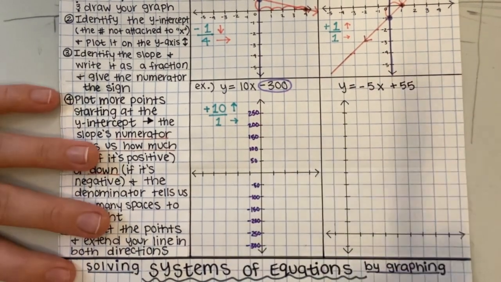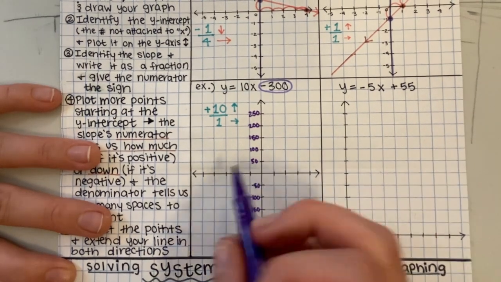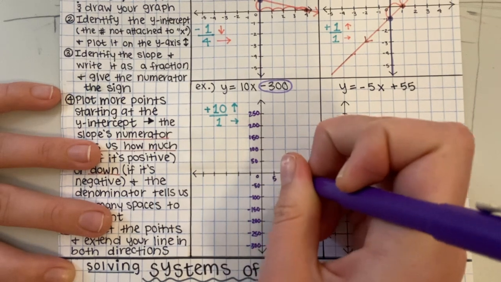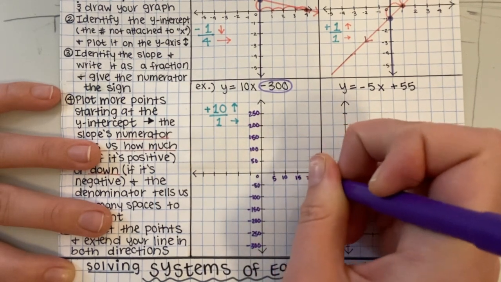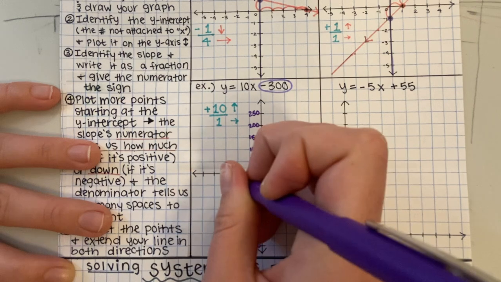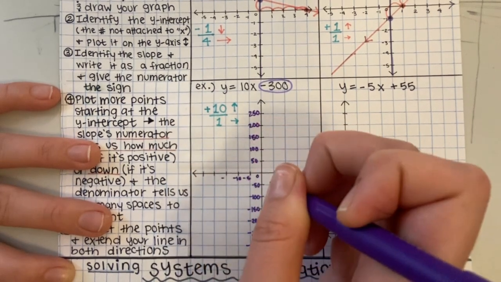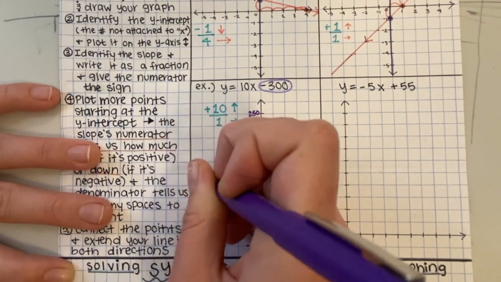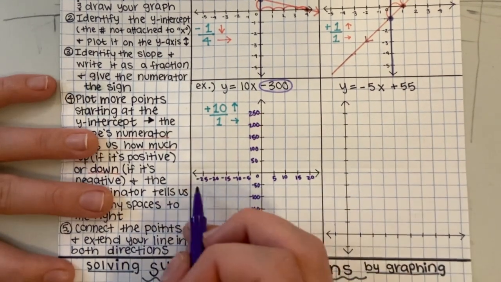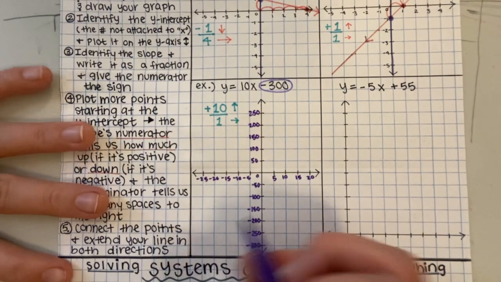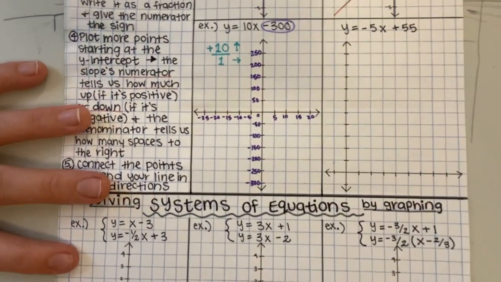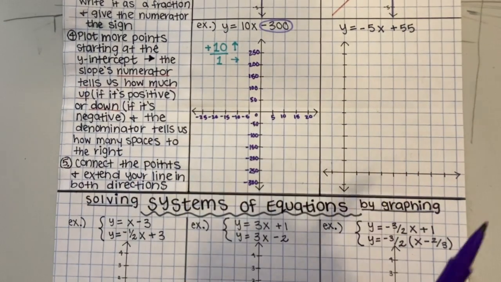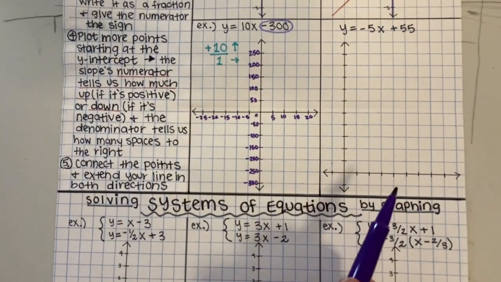So I'm going to label this axis by 5s. So I labeled it by 5s, and you will see pretty soon why that is going to work for this specific equation being put into a graph.